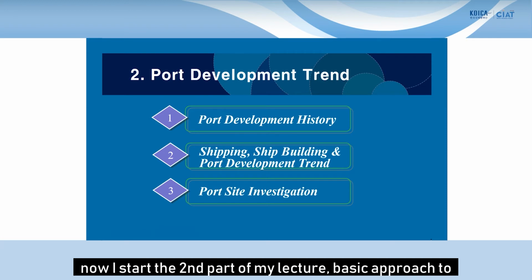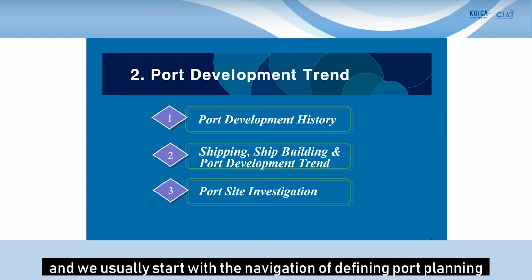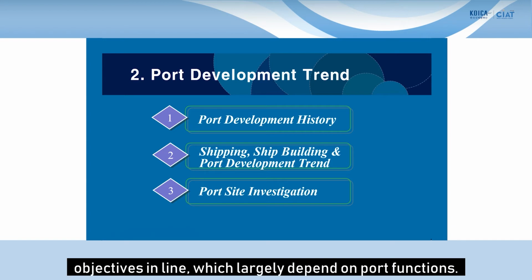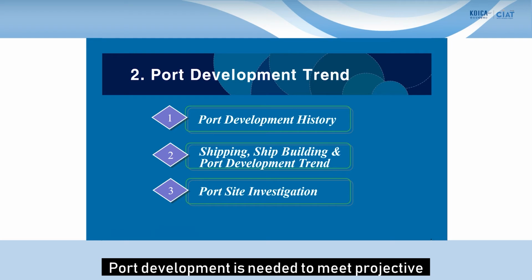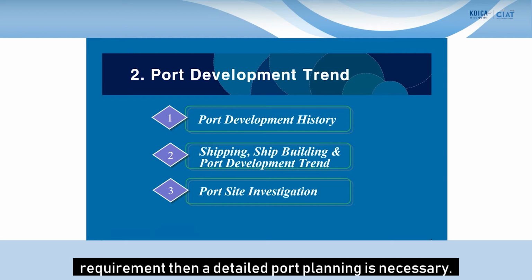The basic approach to port planning usually starts with aggregation of the defined port planning objectives, which largely depend on port functions. If a port development is needed to meet projected requirements, then a detailed port planning is necessary.